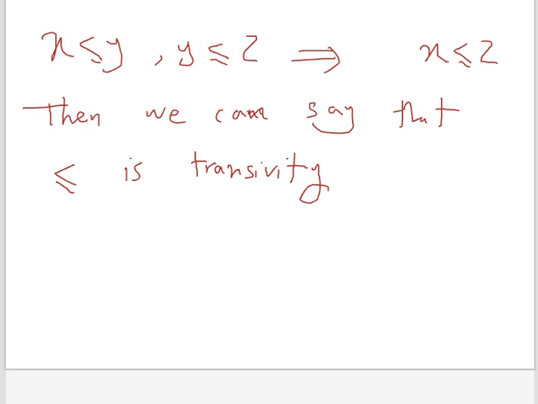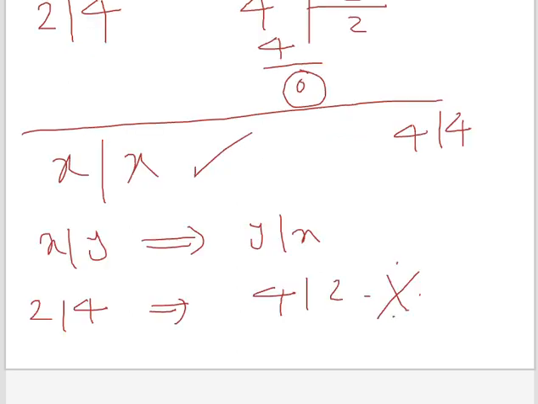We have some equivalence relations in nature, in mathematics. For example, in English I write: 2 is a divisor of 4.